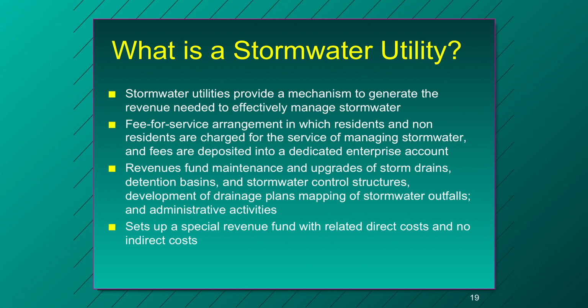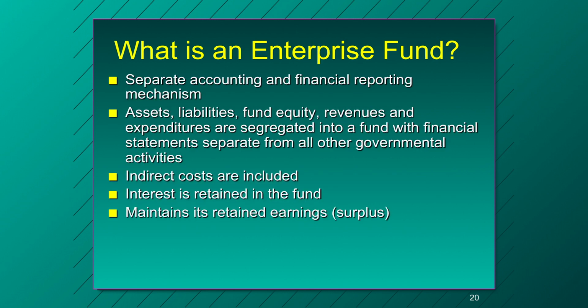Revenues fund maintenance and upgrades of stormwater drains, detention basins, stormwater control structures, development of drainage plans, mapping of stormwater outfalls, and administrative activities. And a stormwater utility, per the statute, sets up a special revenue fund with related direct costs, but doesn't allow you to capture your general fund indirect costs if you adopt that special revenue fund language. That's a stormwater utility.